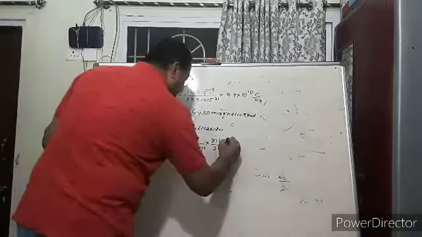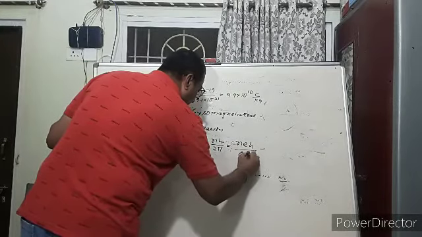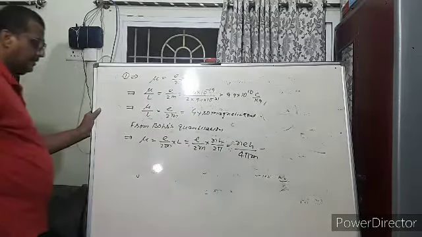Then this can be written as neh divided by 4 pi m. This is the mu.